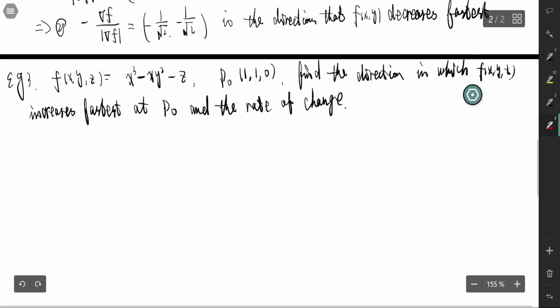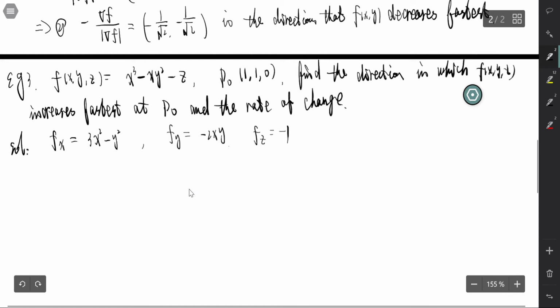So first we need to find the gradient. f_x is 3x squared minus y squared, f_y is negative 2xy, and f_z equals negative 1.